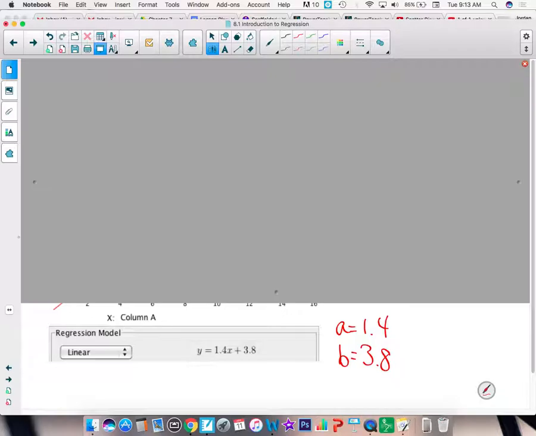Once you do that, you have to turn these into a linear equation, which is that right there. Remember, our general model for a linear equation is y equals ax plus b. You put a where it goes, you put b where it goes, then you graph a line. Go ahead and do that.